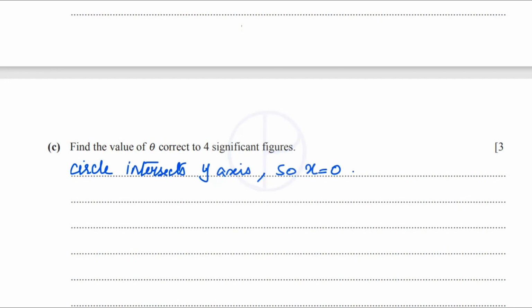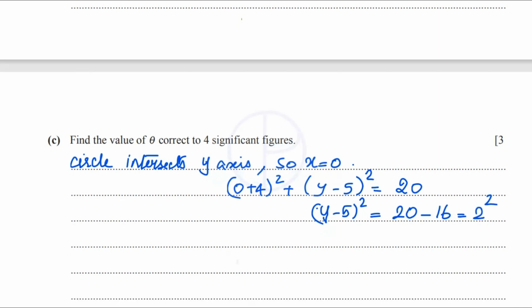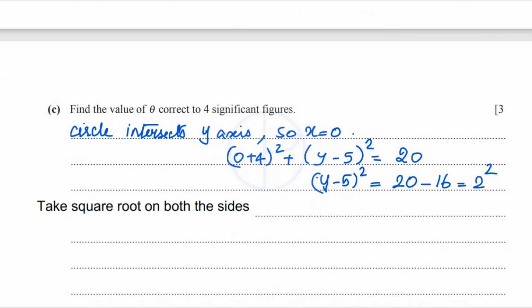So substitute x equal to 0 in the circle equation. So we get (0 plus 4) the whole square plus (y minus 5) the whole square equal to square root of 20 the whole square, which is 20. So (y minus 5) the whole square is 20 minus 4 square, which is 4. 4 can be written as 2 square. Okay.